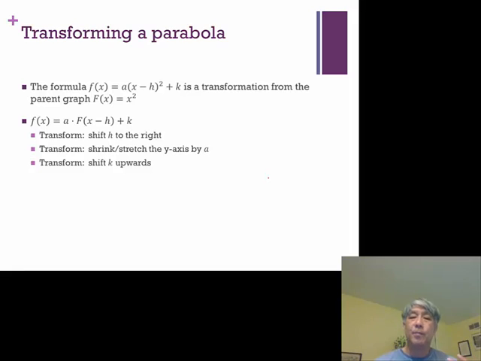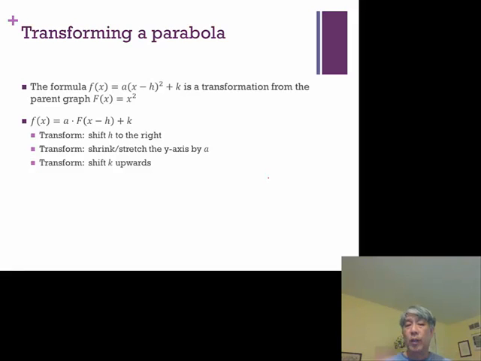That gives me various points that allow me to connect up using a parabola. But thinking of it as a set of transformations of the parent graph f of x equals x squared, the x minus h part basically says I'm going to shift my x squared parabola h to the right. If a happens to be negative, then I'll be flipping it upside down, or reflecting it over the x-axis.